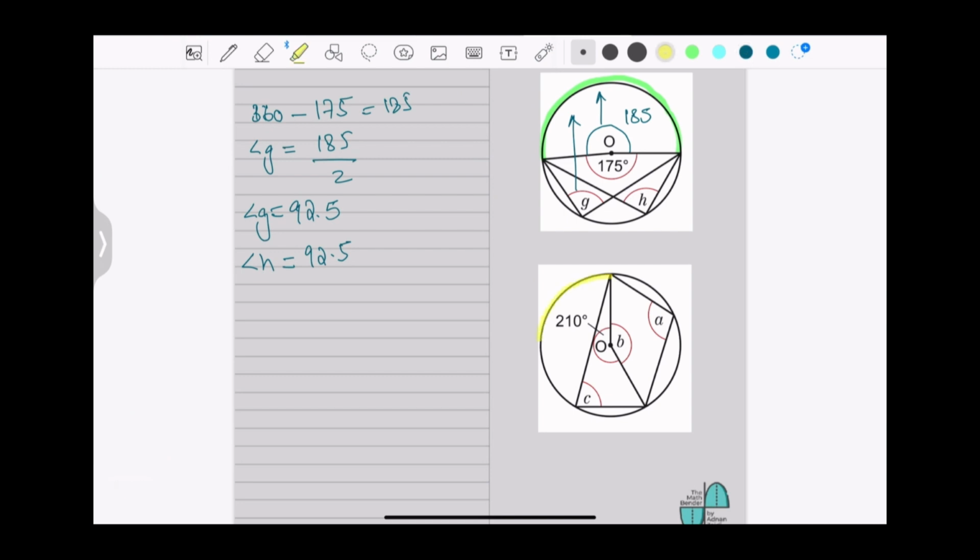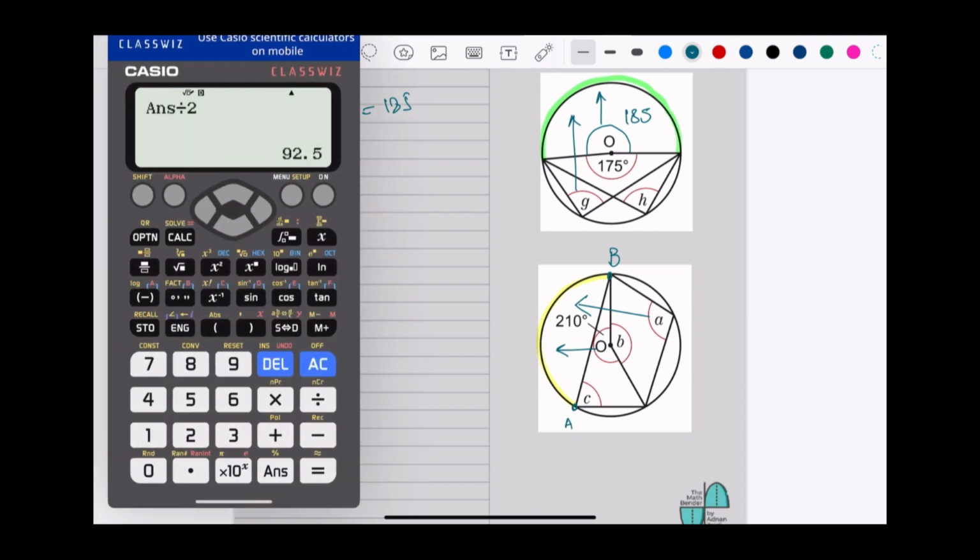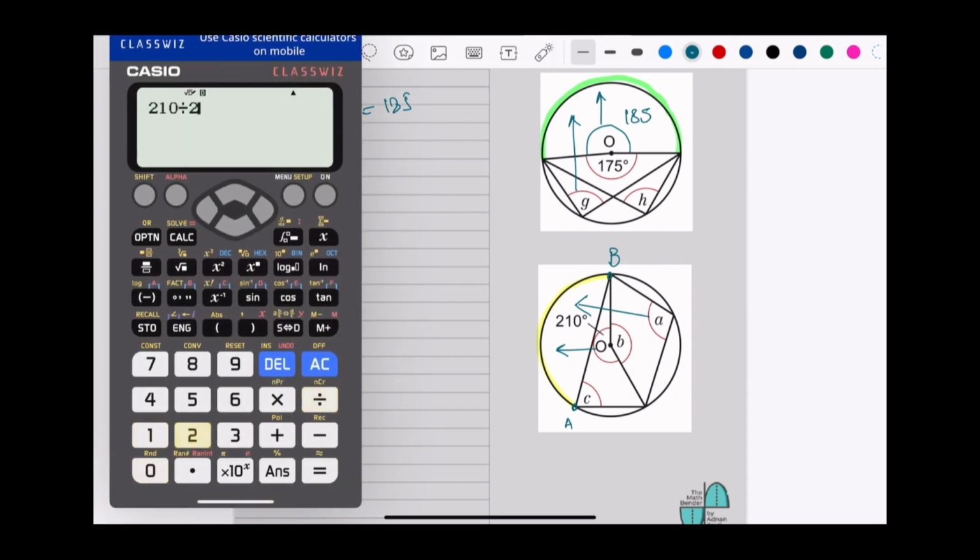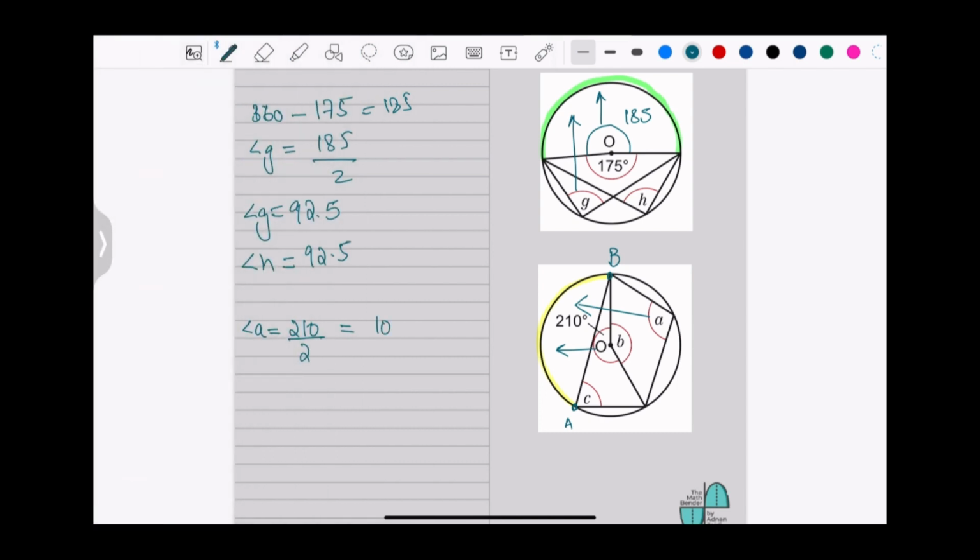So this is one arc, and I'll write this point as point A and this point as point B. Angle 210 is facing the yellow arc, and angle A at the circumference is facing the same arc using these two points A and B. So angle A is going to be 210 over 2, which makes it 105. So angle A is 105.